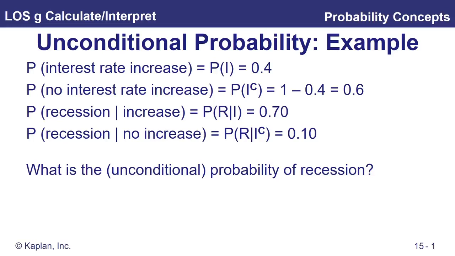So we're going to be using the total probability rule, but again, I think doing them via decision trees or diagrams is the easiest way to go. So let's have a look.